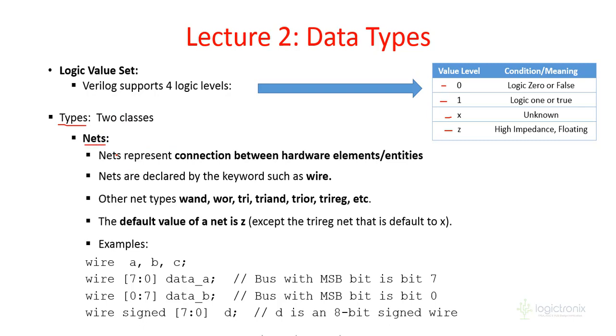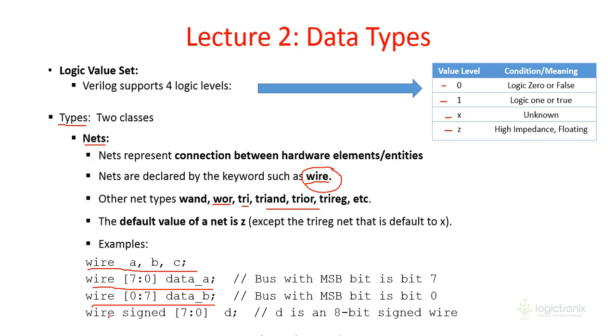It can be nets, which consist of wires and types such as wor, tri, etc. The most preferred or utilized net is wire. So we have wire abc, a multibit wire, and another multibit wire written as msb to lsb, like msb 0 lsb 7.